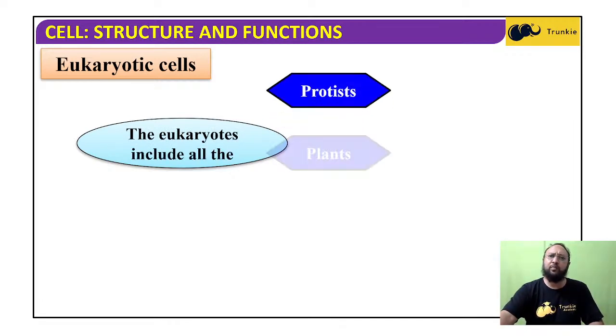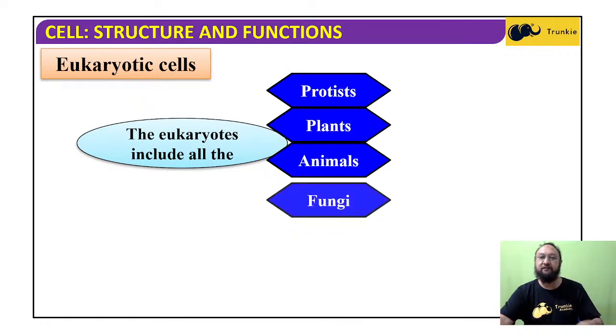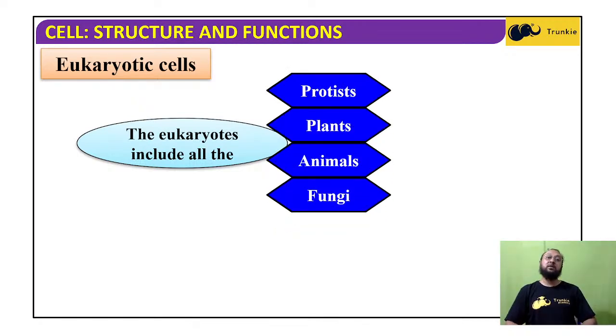Now eukaryotic cells include all the protists, plants, animals, and fungi. When we studied the prokaryotic, we observed that bacteria, mycoplasma, cyanobacteria, and the PPLO represent the prokaryotic cells, a very small group of organisms.